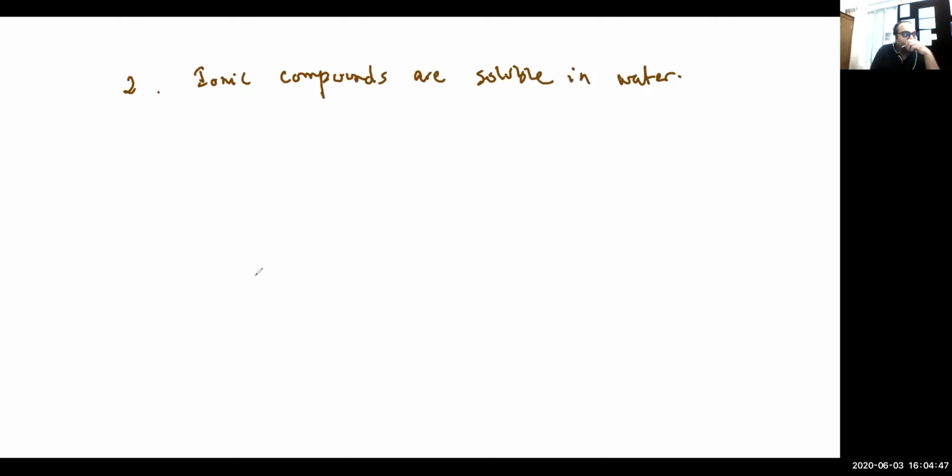Ionic compounds are soluble in water. So if you remember, I taught you that if we have a compound like sodium chloride, so obviously they're arranged in a lattice.